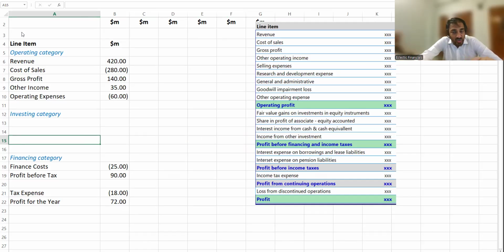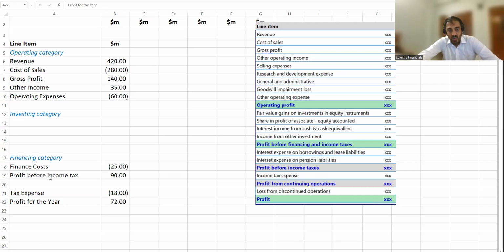It's also not mentioned. Profit before income tax. It should be income tax. That's given. And leave aside the profit from continued operation. Profit for the year. So only one subheading, which is a compulsory requirement, is available, but two are missing. Okay, that's the first point to refer to here.